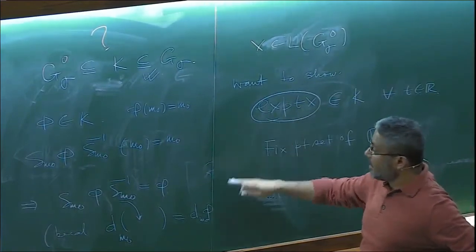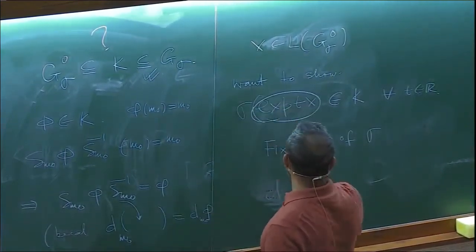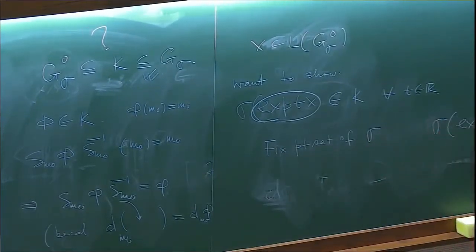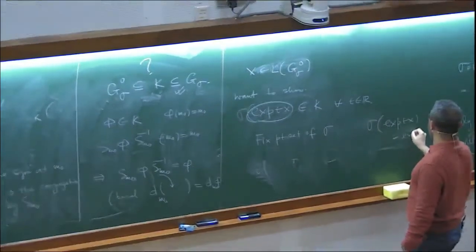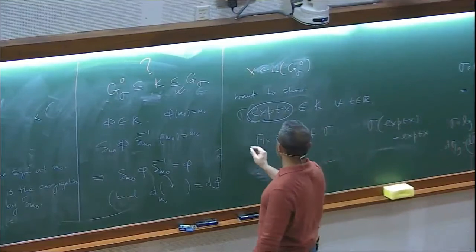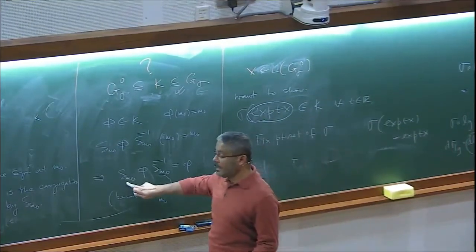Because conjugation by S sigma. So we know that sigma of exp(tX) is exp(tX). So this is a one parameter family of isometries which is commuting with SM naught.